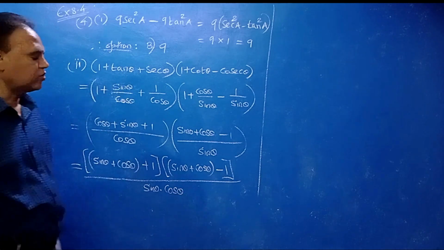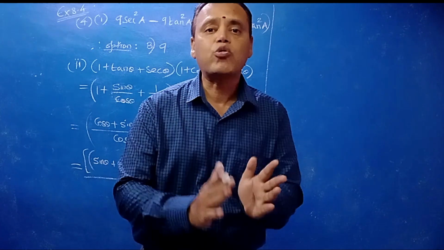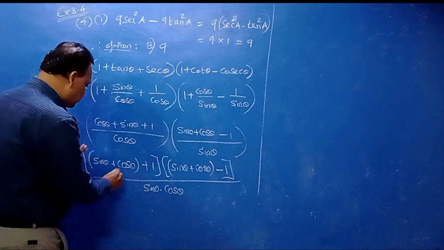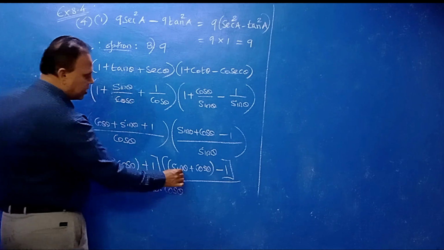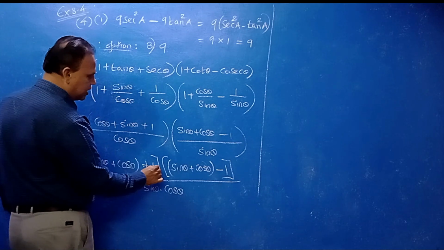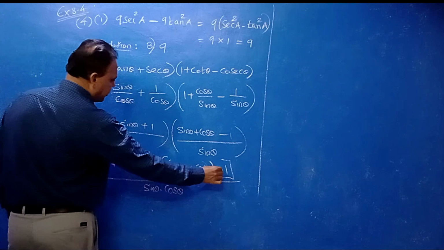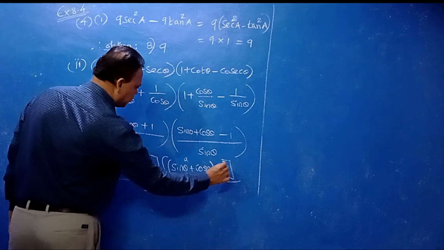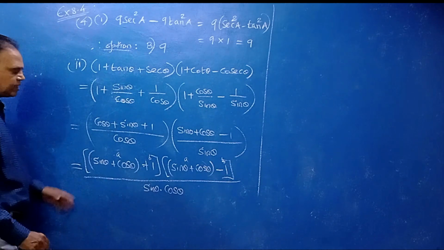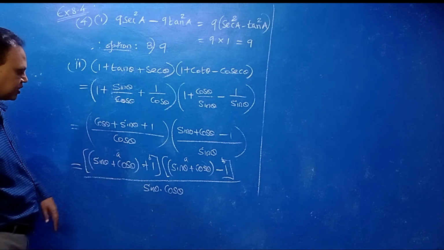Now in the numerator you are getting the form a plus b into a minus b, which is a squared minus b squared. Sine theta plus cos theta you take as a, and 1 is b. What is (a plus b)(a minus b)? It is a squared minus b squared.